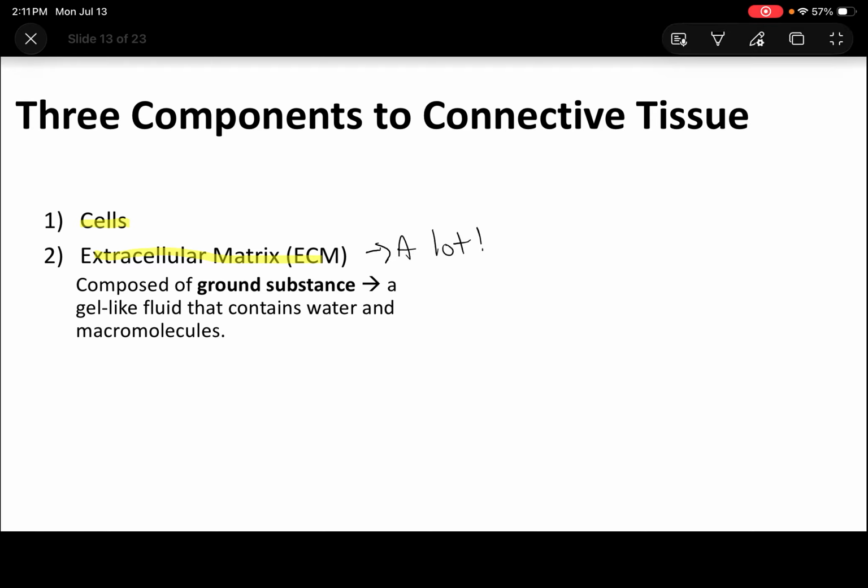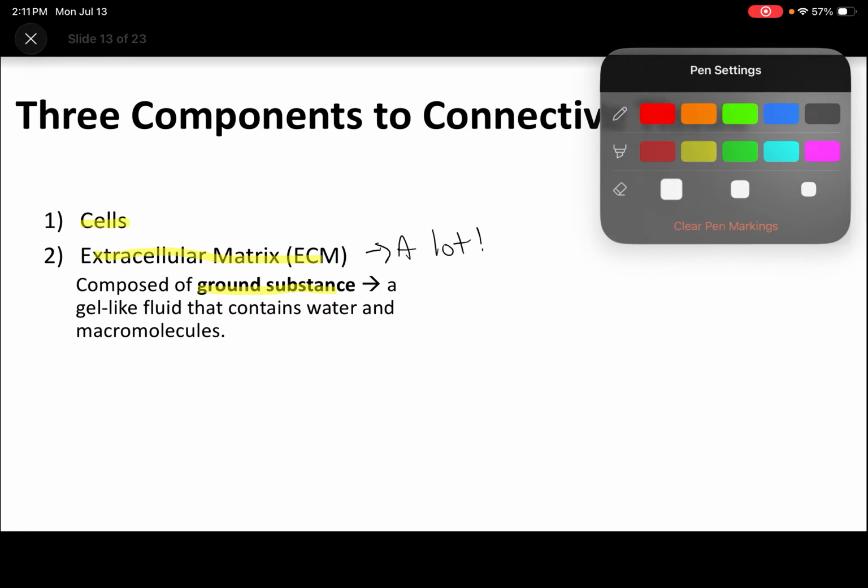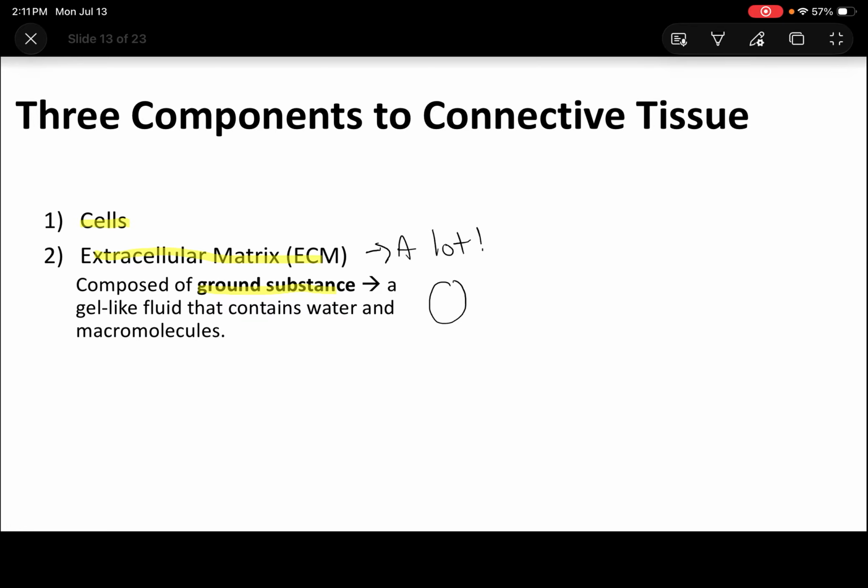However, connective tissue does, because it provides a lot of structural framework, so there tends to be a lot of space between cells, often filled with extracellular matrix. This ECM is composed of ground substance, a gel-like fluid that's mostly water and macromolecules, all those proteins and carbohydrates that help give tissue structure. So connective tissue will often look like one little cell here, one here, and then a bunch of macromolecules and proteins in between.